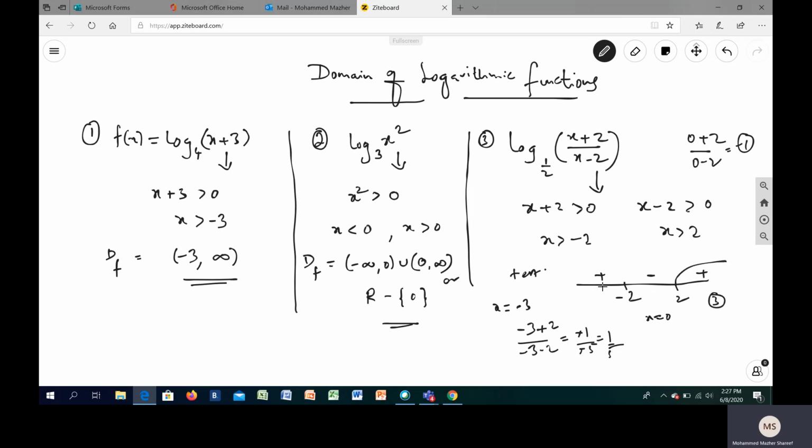So it means my domain is this, which I can sum up by writing that the domain of this logarithmic function is -infinity to -2, union 2 to infinity. Or else, I can write it as all real numbers except -2 and 2. Isn't it simple?